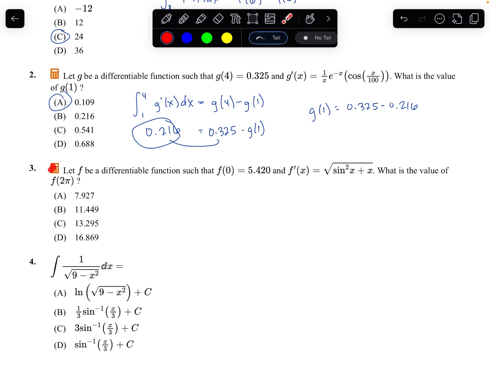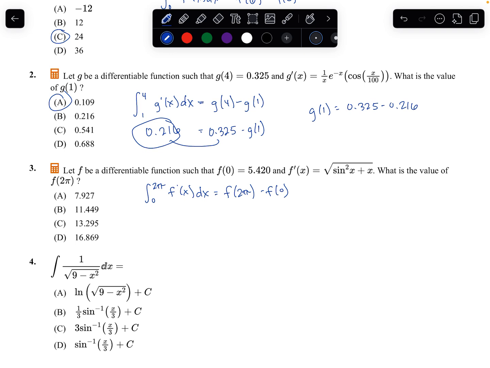Okay, and for 3 we have another calculator question. Let f be a differentiable function such that f of 0 is this, f prime is this. What is the value of f of 2? So this sounds like the exact same problem. If I say the integral from 0 to 2 pi of f prime of x dx, that would be equal to f of 2 pi minus f of 0.